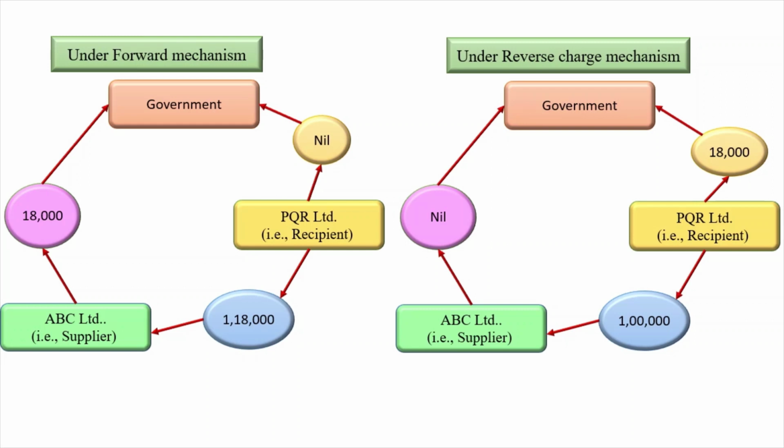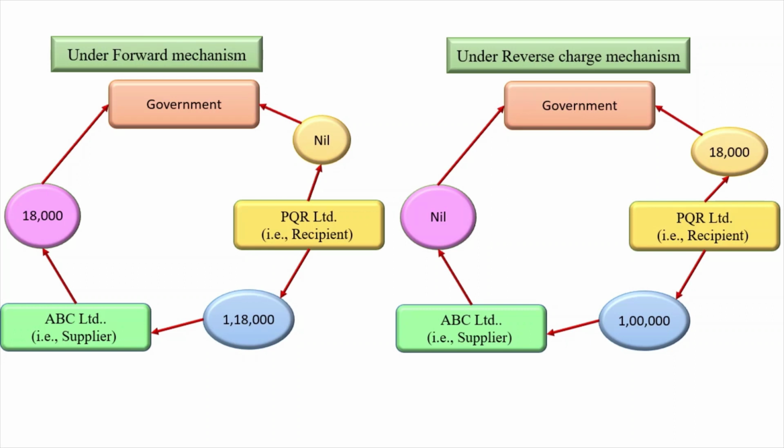So under both the situation, there is no loss for the government. Under forward charge mechanism also government is getting 18,000, and under a reverse charge mechanism also government is getting 18,000. What is the total expense of the recipient in case of forward charge and in case of reverse charge? In both the cases, PQR Limited, that is recipient, is paying 1,18,000.